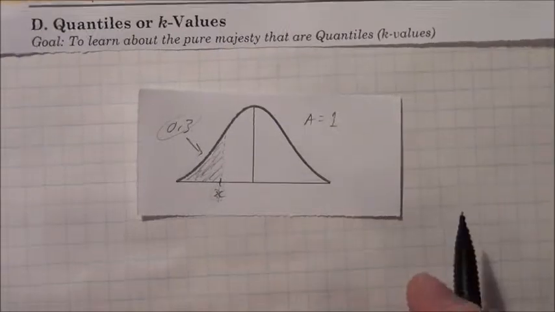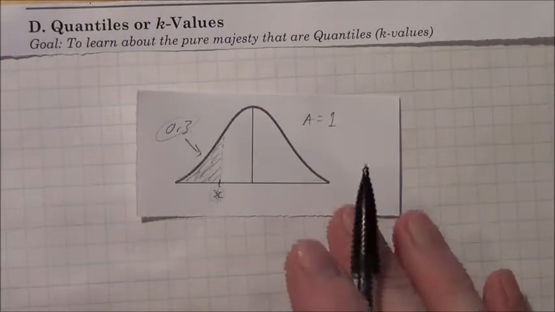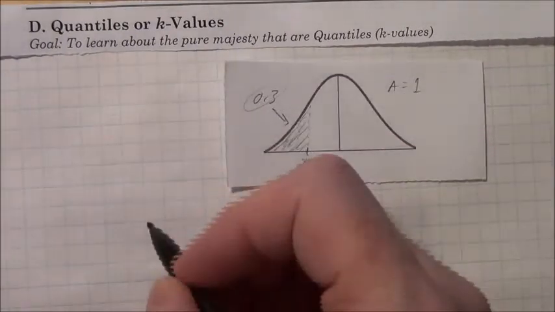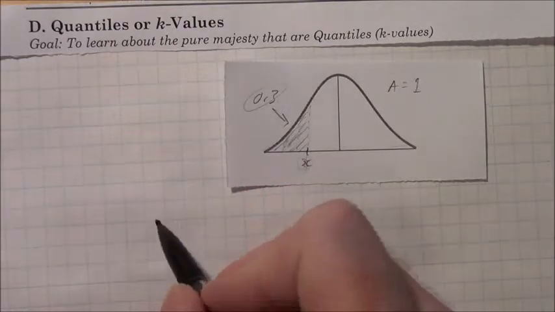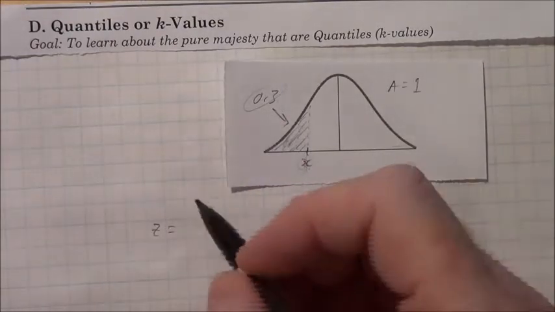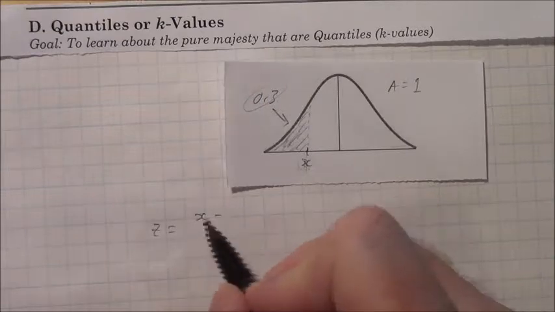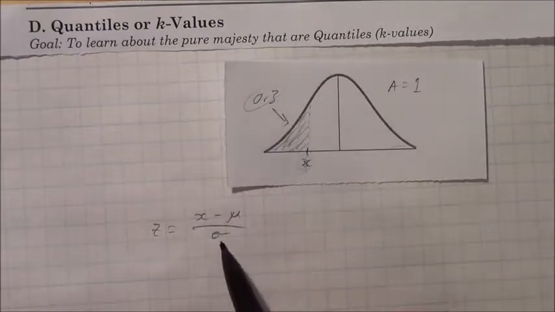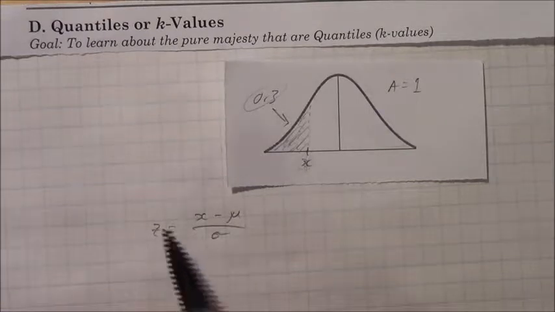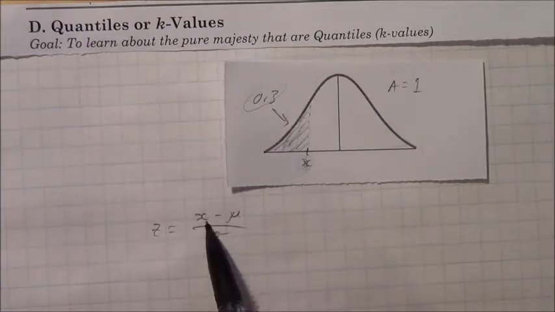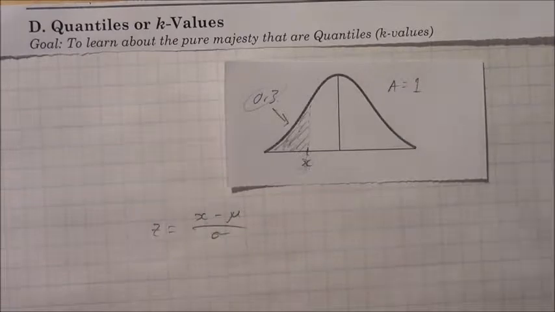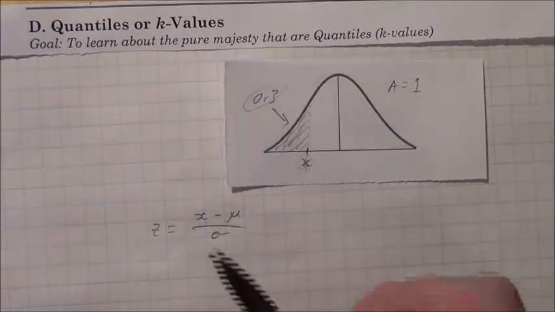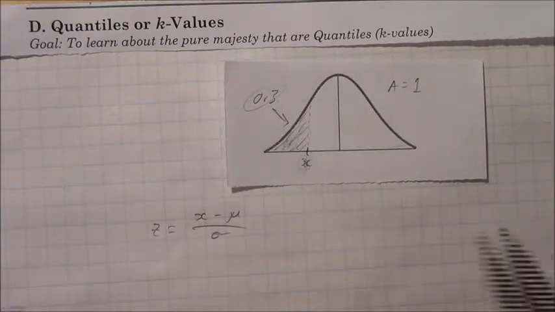In lesson 24C we looked at when we need to standardize things. We take our value x, subtract the mean, and divide by the standard deviation, and that standardizes the value of x so that we can compare different things. As I mentioned in the last lesson, we could compare apples and oranges.